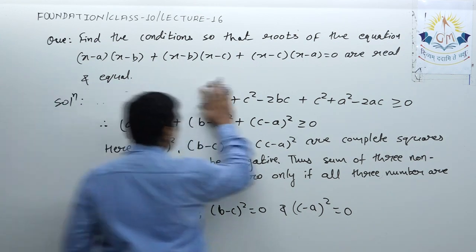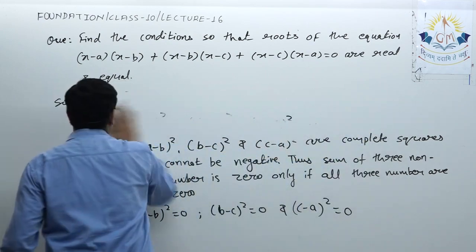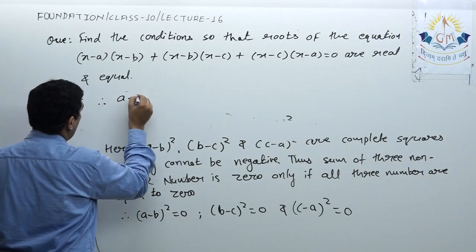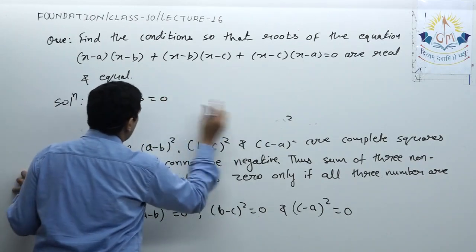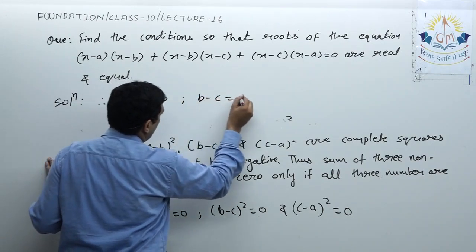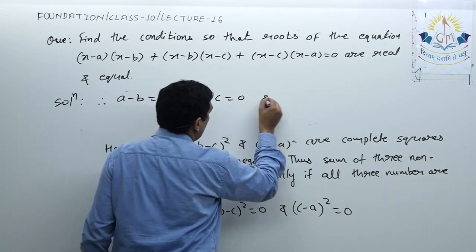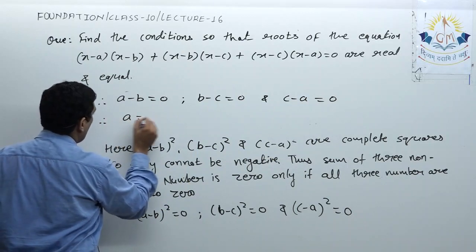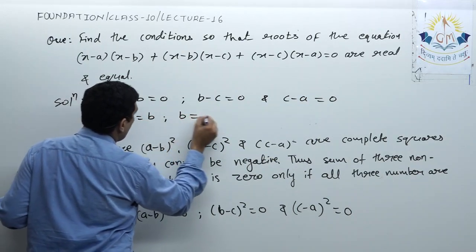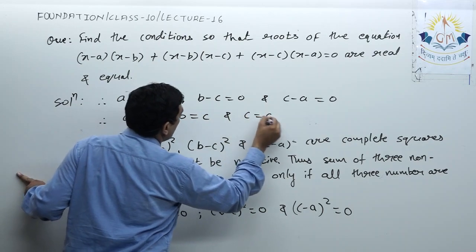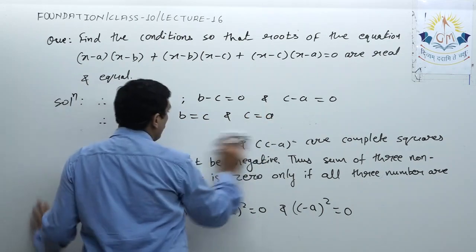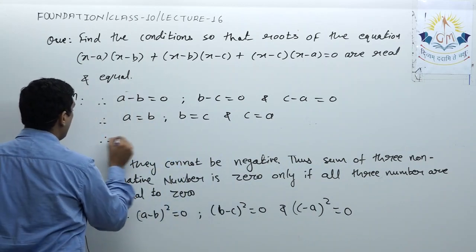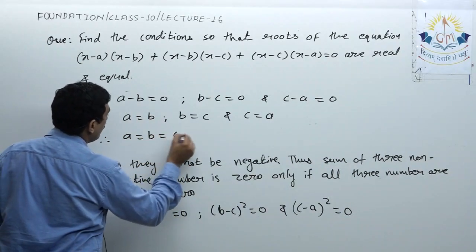Okay, so let us see finally. When a minus b whole square is equal to 0, therefore a minus b equals 0, b minus c equals 0, and c minus a equals 0. Therefore a equals b, b equals c, and c equals a. When a is equal to b, b is equal to c, and c is equal to a, I can say a equals b equals c.